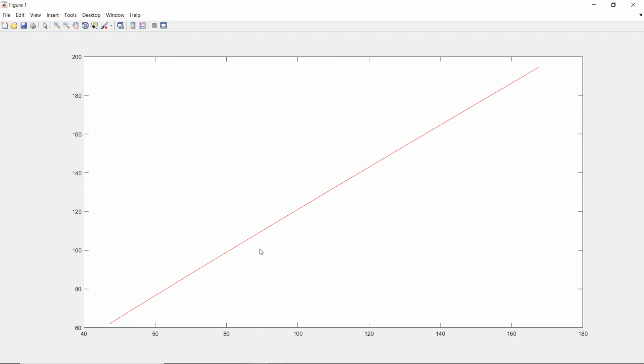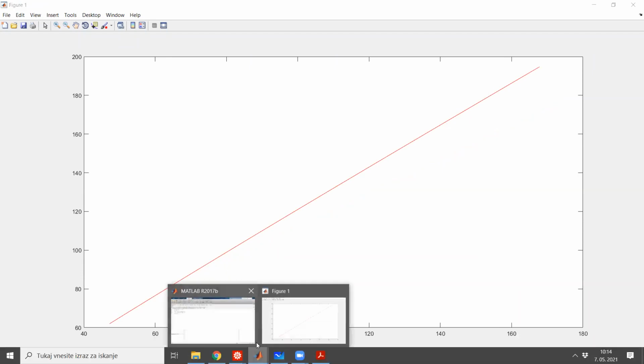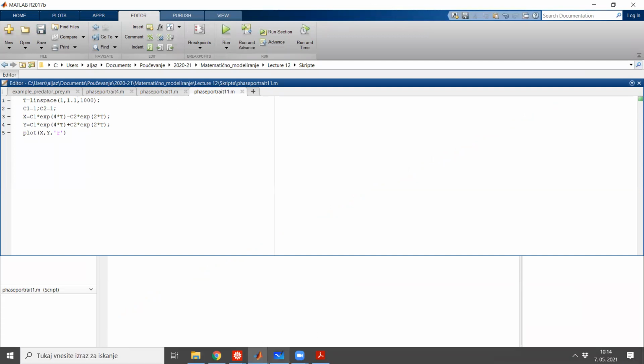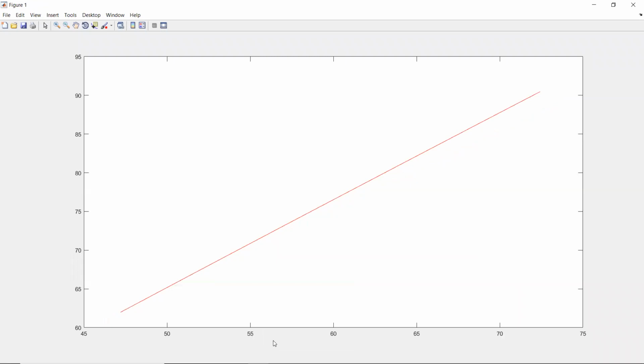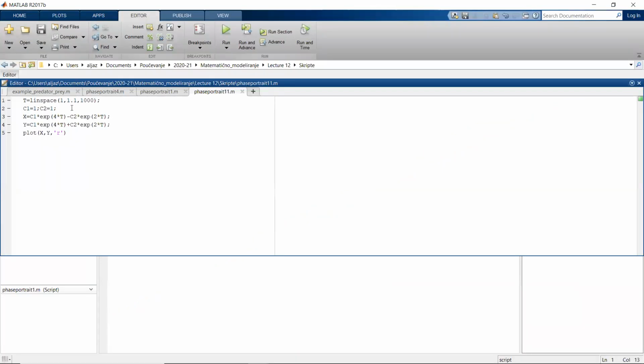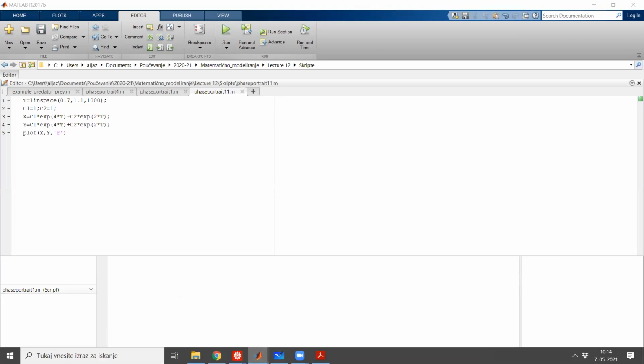Yeah, so I have to do a really fine analysis to be able to see that it's approaching the proper line. Even for t equals 1, it already coincides with the line. So maybe I have to change the lower limit a little bit, 0.7.